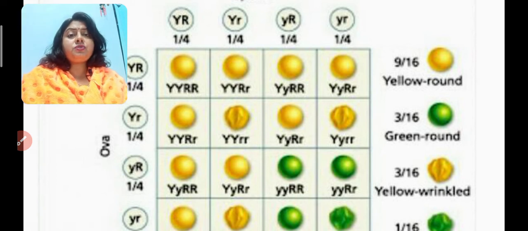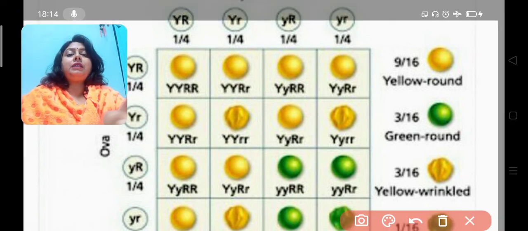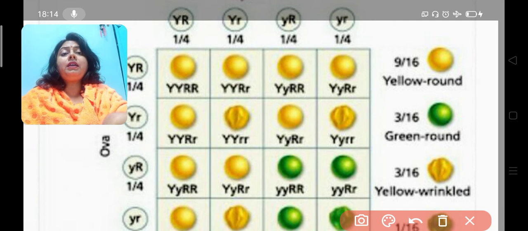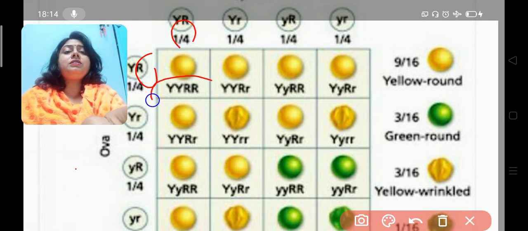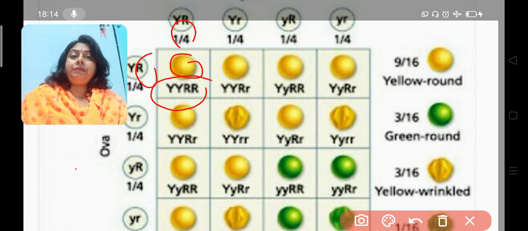Like the first one is represented as the capital Y capital R being crossed with the capital Y capital R, and the combination that is formed along with its phenotype.